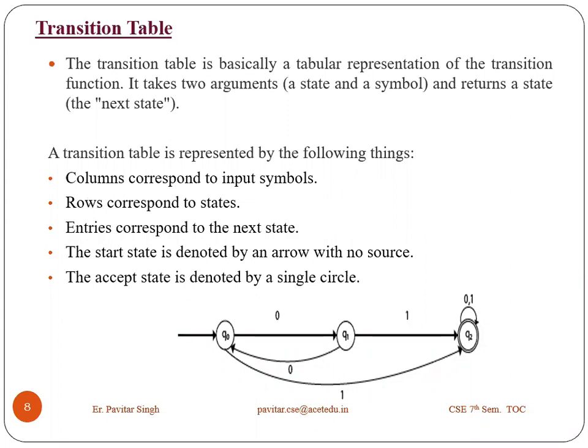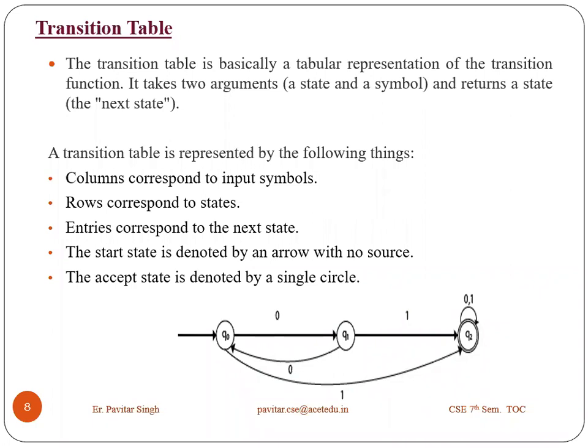Next, Q1 upon the processing of 0, you will get Q naught. Next, Q1 upon the processing of 1 will take you to Q2. Next, the last state, Q2, upon the processing of 0 and 1, goes to itself.